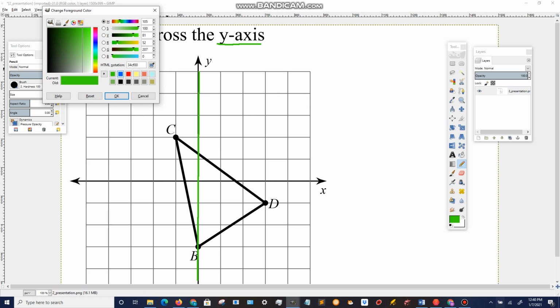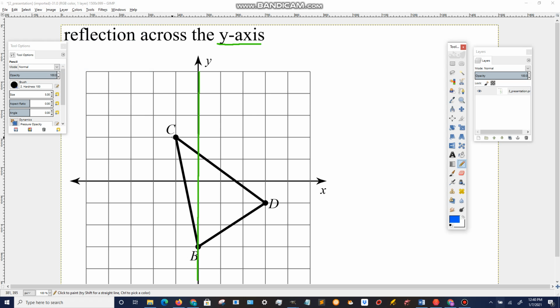So all you have to do, when you have it on the graph, is count how far away things are. If you'll notice, the C vertex here is 1 unit away from our mirror. So what I'm going to do is count 1 unit away in the opposite direction. If I count this direction right here, the new C would be right here.